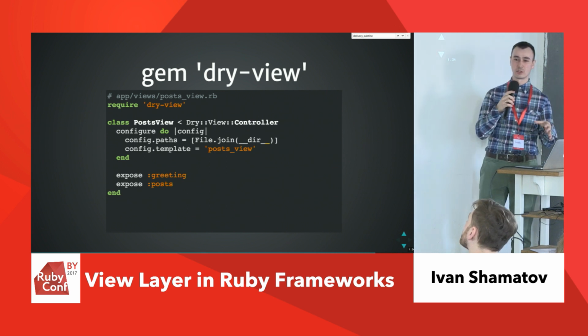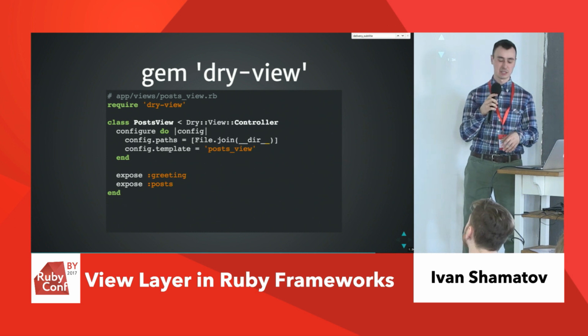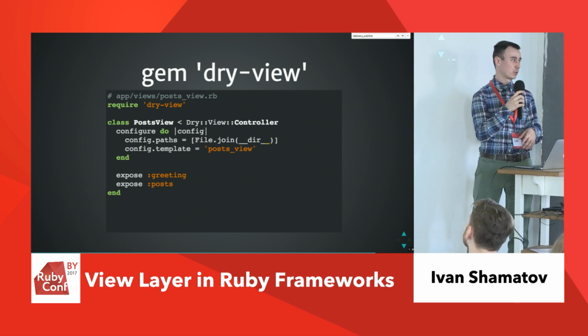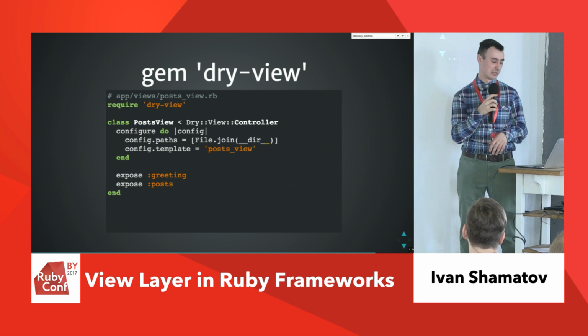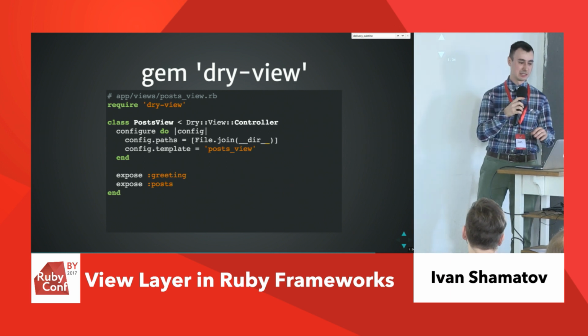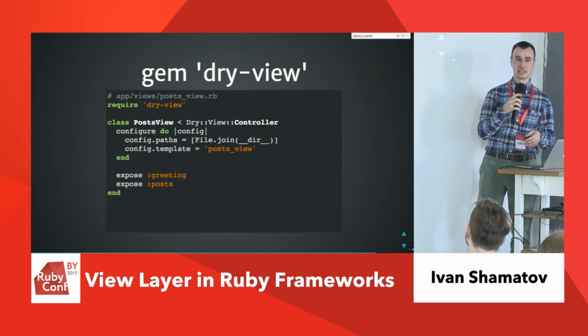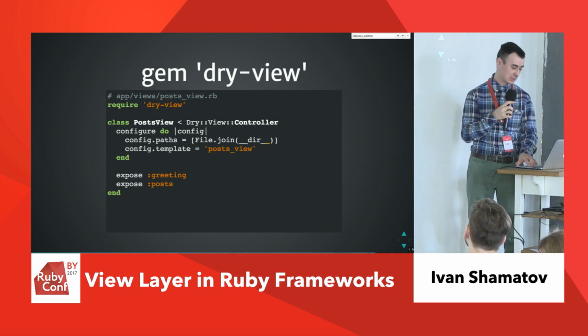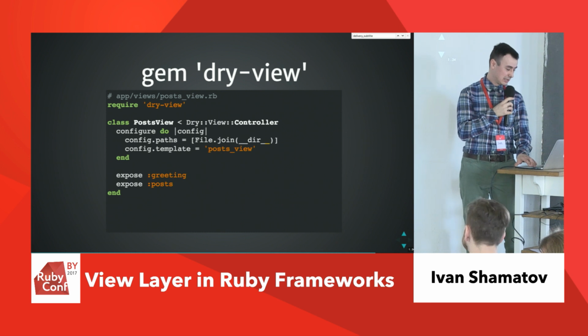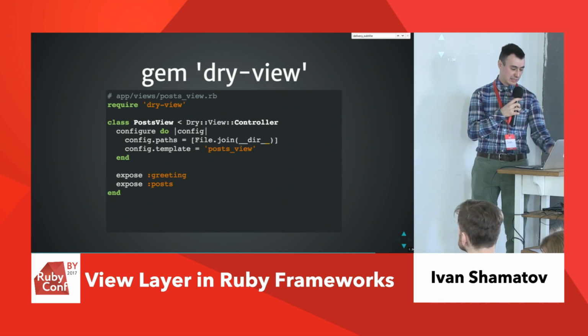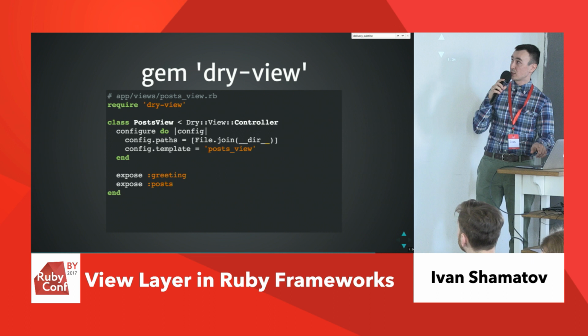So you've got your resource and you've got exposures. You expose your properties, and maybe you add some new properties which are not tightly coupled with your attributes. And I have templates here too.